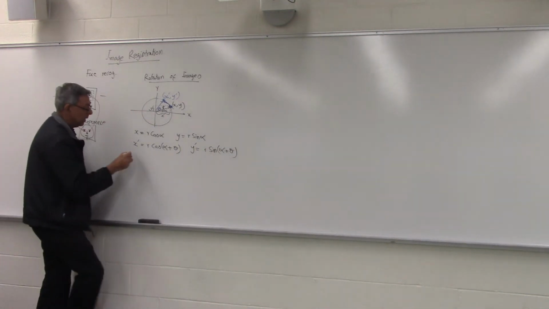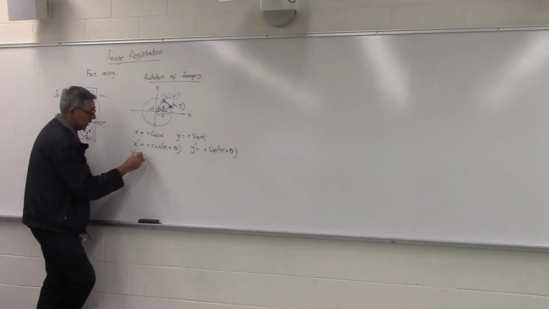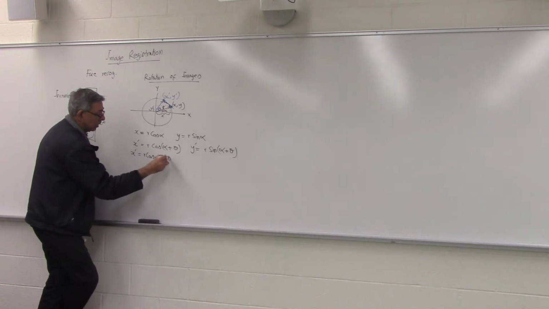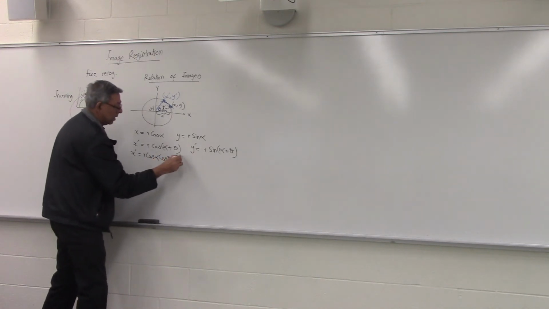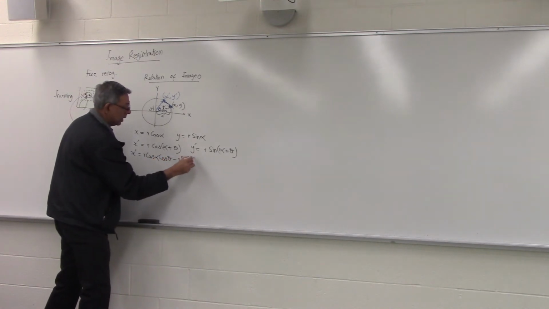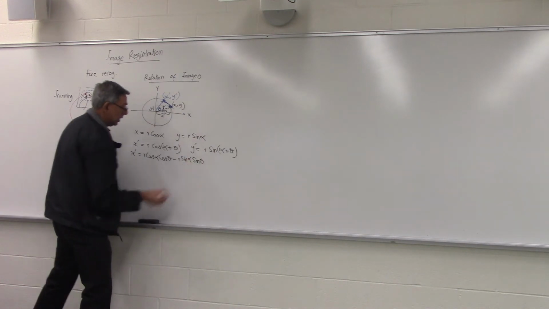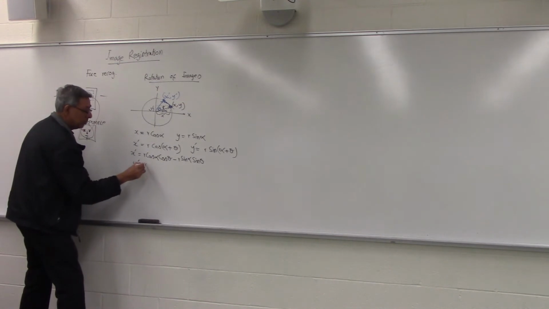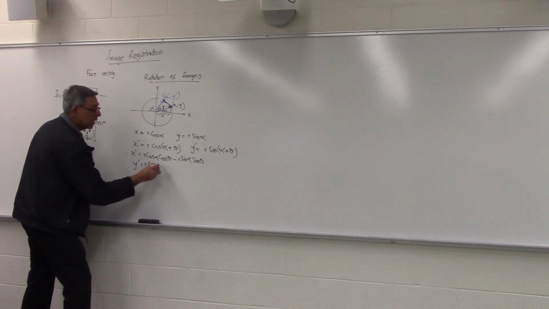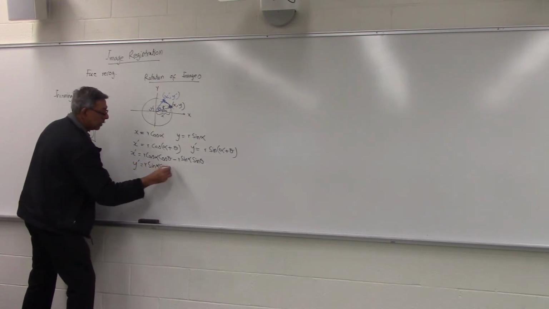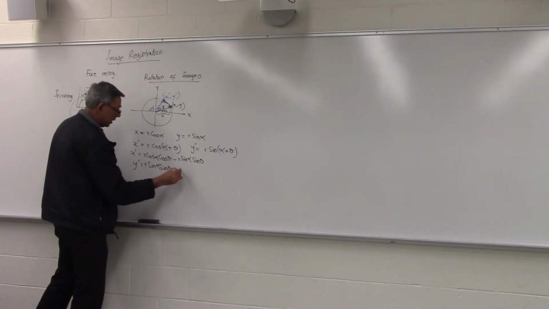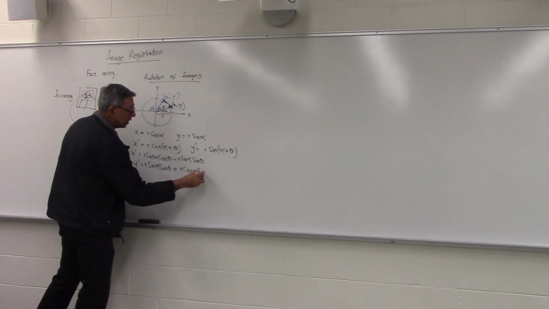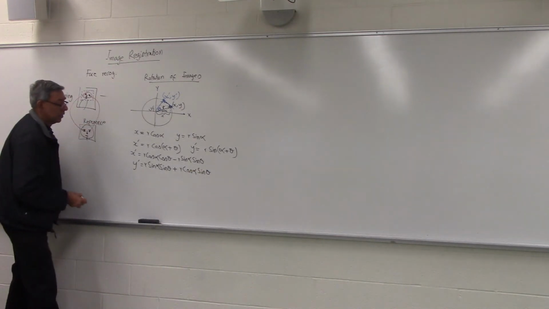If I expand it, you will see this is r cosine alpha cosine theta minus r sine alpha sine theta. Very similarly, let me expand this. This would be r sine alpha cosine theta plus r cosine alpha sine theta.